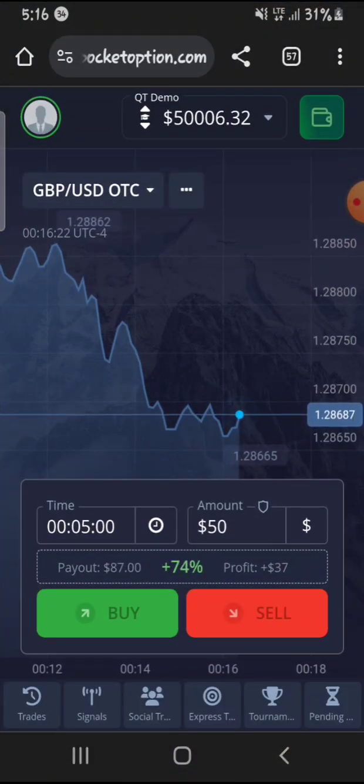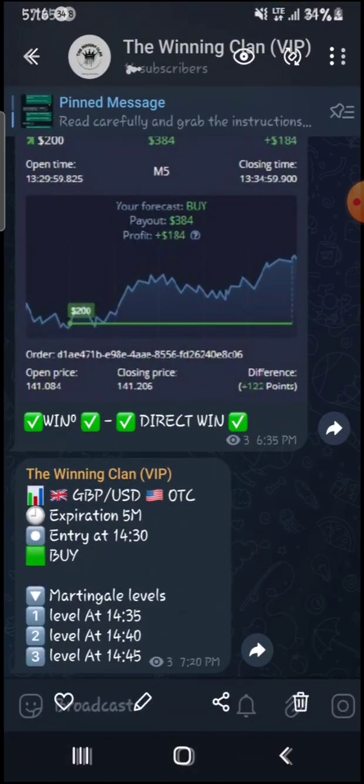When I gave this signal, the time was 7:20. It was 14:30 to our Nigerian time 7:30 rather. But I gave the signal at 7:20. That means you have 10 good minutes to prepare, which is more than enough, if you ask me, to prepare for a particular trade.